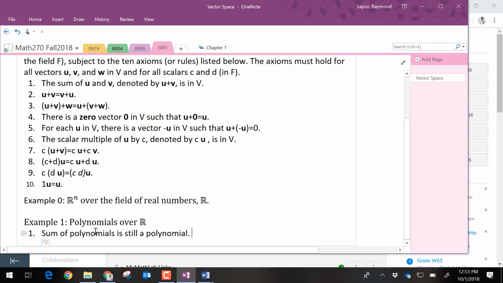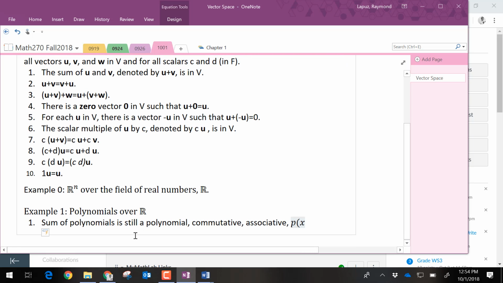if we add two polynomials, we're still going to get a polynomial. Is that right? They're commutative and associative. There's a zero polynomial. We can take the negative of a polynomial and add it to that same polynomial, and then it'll disappear.